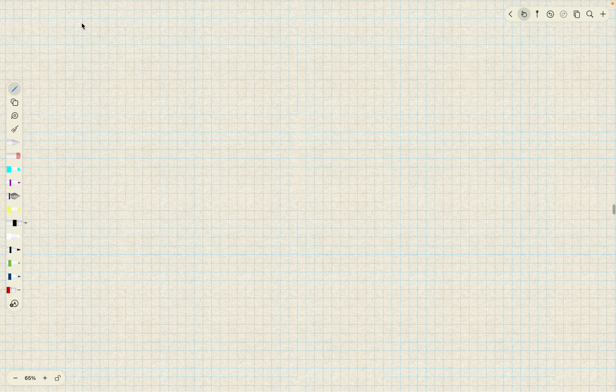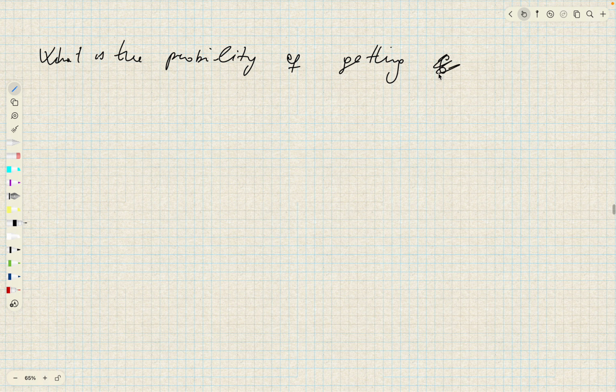Let's say we are throwing a dice 10 times. What is the probability of getting, let's say 6, okay, let's say 3, because I want a probability a bit higher.